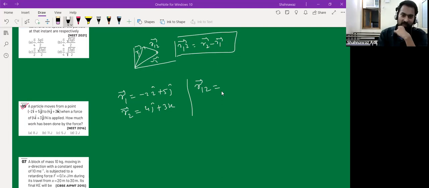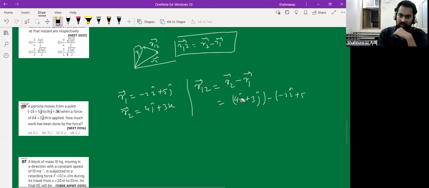So this is displacement, R2 minus R1, which is 2I plus 5j minus 4j plus 3k. So 4j plus 3k and this is 2I plus 5j.